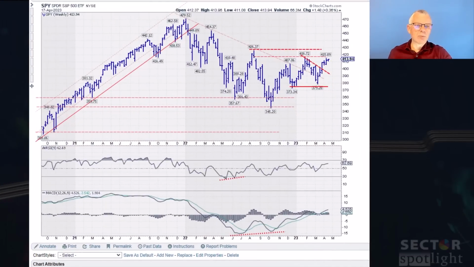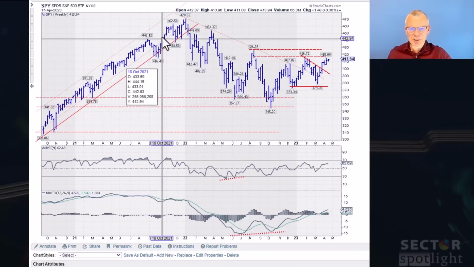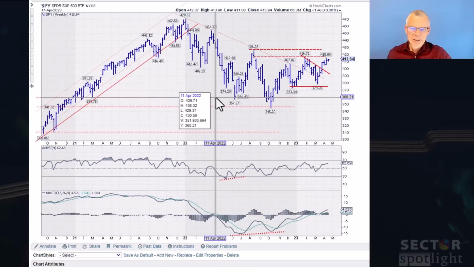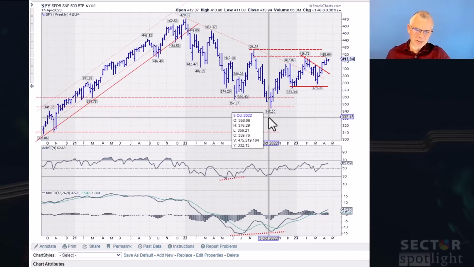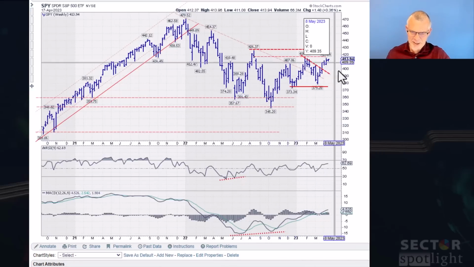So here's the weekly chart of the S&P 500, of SPY in this case. And what we see is that decline that marked 2022, in line with what we had last year in the sector rotation model. And if I look at the chart here, then I still see a series of higher highs and higher lows.